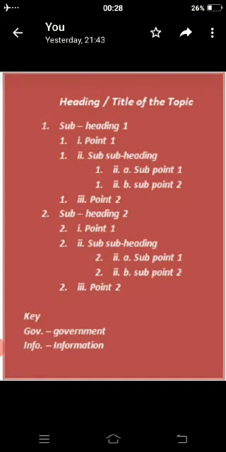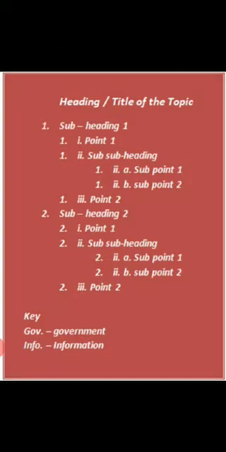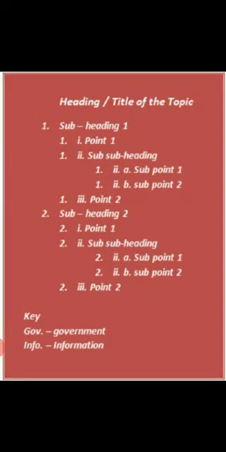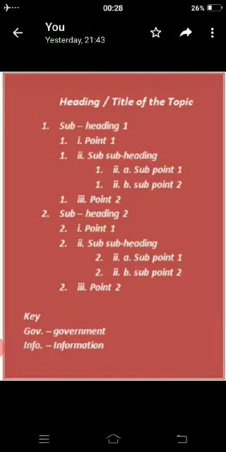Students, now let us see the difference between main heading and subheading. The main heading reflects the main theme of the passage, whereas subheadings point out how it has been developed.